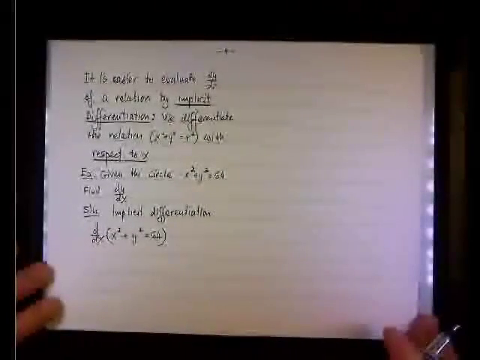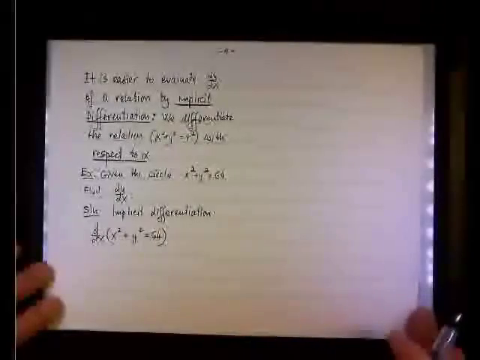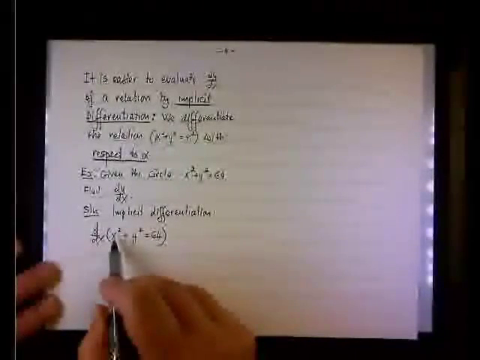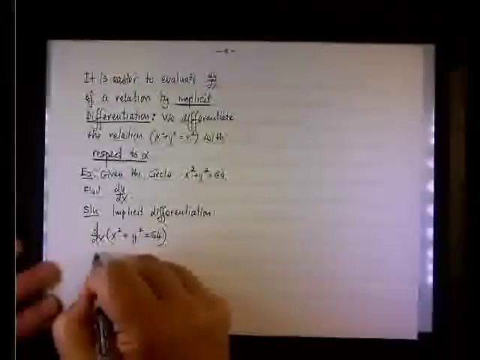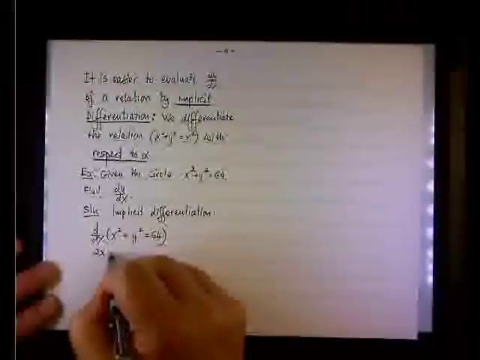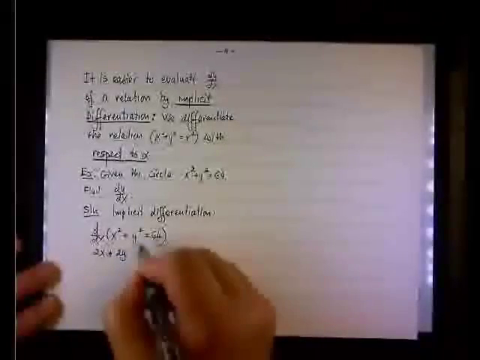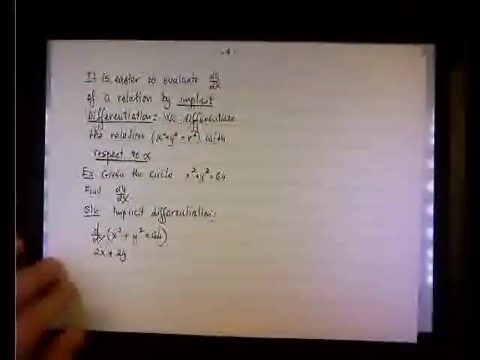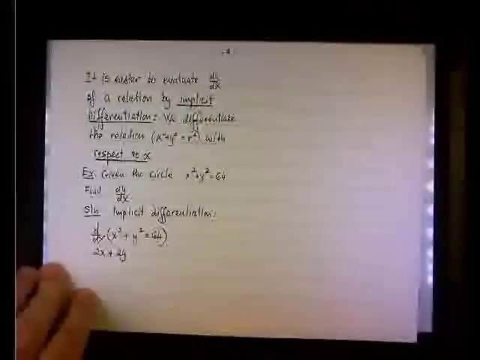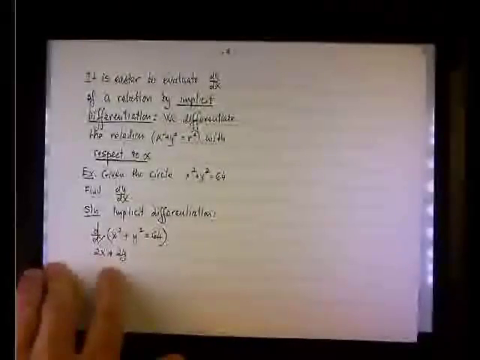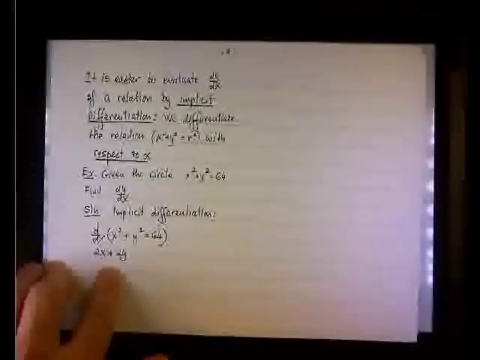So catch it early so it will settle in your brain correctly. Okay? What is the derivative of x squared? 2x. What is the derivative of y squared? 2y, but this is the derivative of y squared with respect to y. We want the derivative of y squared with respect to x.